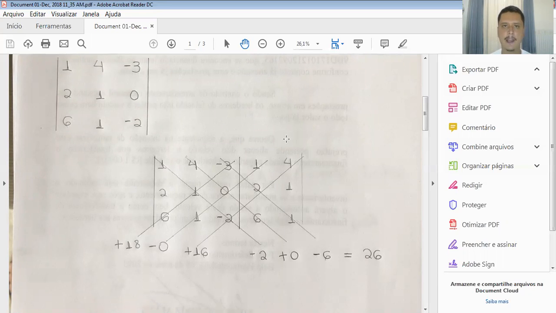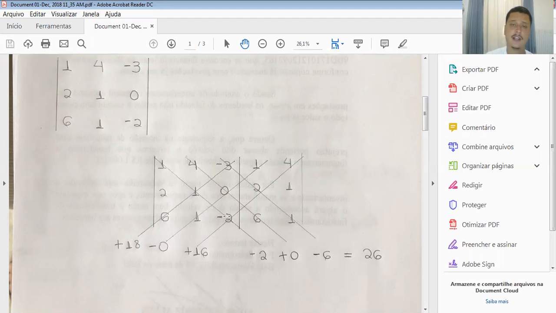And then I'm going to calculate the products of the descending diagonals from left to right, and I'm going to put a plus sign in front of it, or in other words, maintain the sign of the product. For example, 1 times 1 times minus 2 equals minus 2.